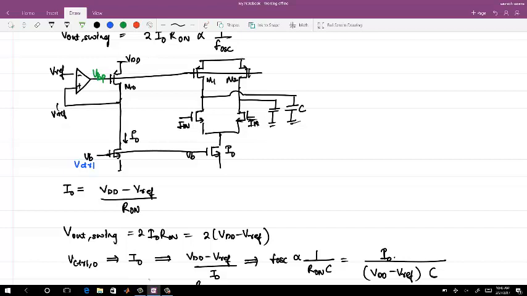Put a cascode. You will need to put a cascode in the cell also. That may not be that desirable. So this is a simpler one: you use a resistive degeneration to change that.